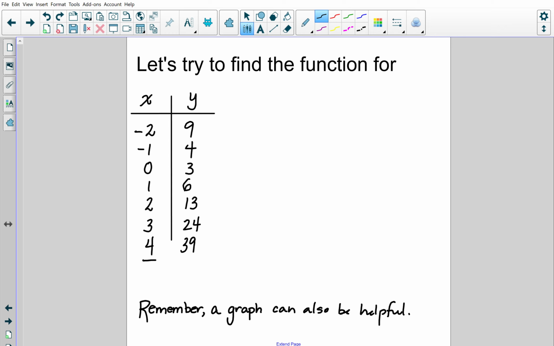I look at those values of 9 and 4, and I'm trying to see if there is anything I see how to get from -1 to 4, or -2 to 9, or 0 to 3 that might help. Is there anything I see in my own head for a pattern? Could I square the x's, and I'd get -2 squared is 4, and then I'd add 5 to get to 9.